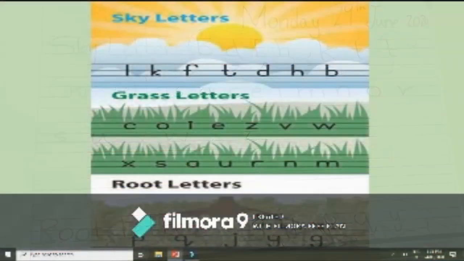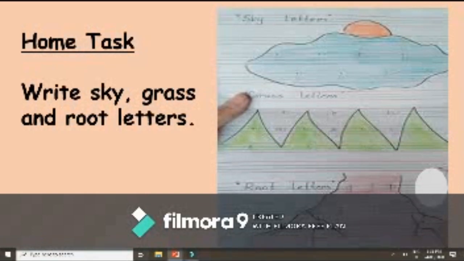Now, let's move to your home task. Your home task is you will all write sky, grass and root letters in any of your own notebooks, or, as I already told you, you can use your whiteboard. And if you do it like this, it would be better.